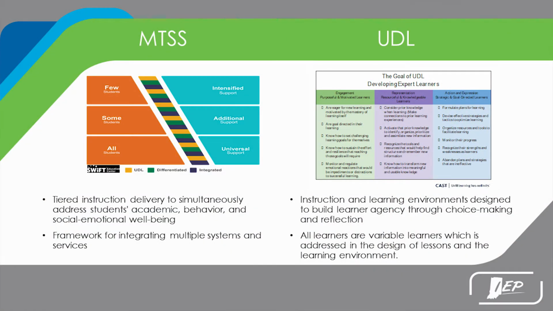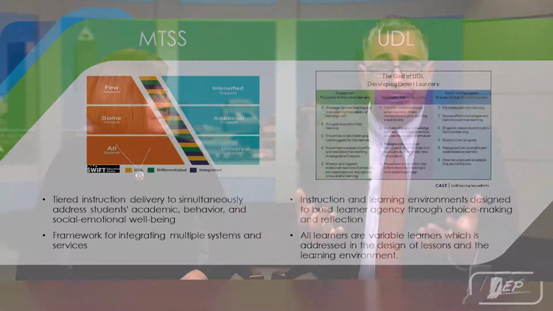MTSS, as the name would suggest, is a tiered instructional delivery system. Within a comprehensive or an integrated approach to MTSS, we're aiming to bring together all the various content areas that educators are concerned about for their learners. So all academics, reading, math, science, unified arts, concerns and questions and interests around behavior, and social-emotional learning and its social-emotional well-being.